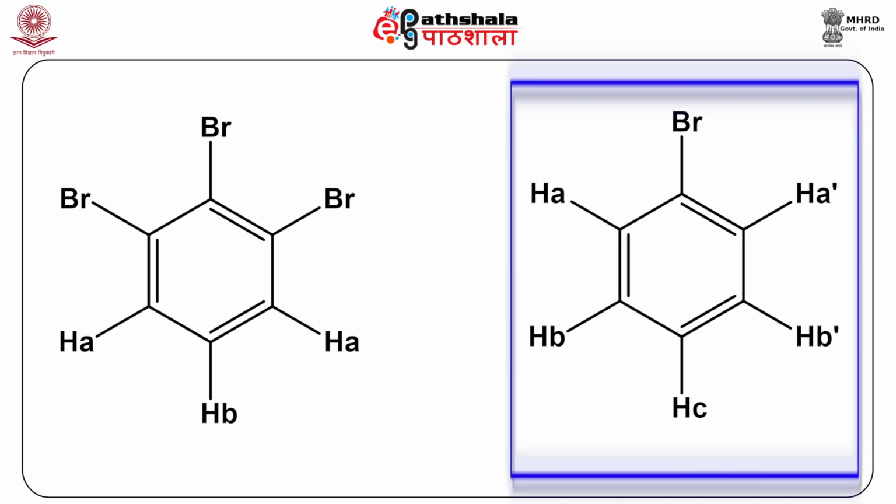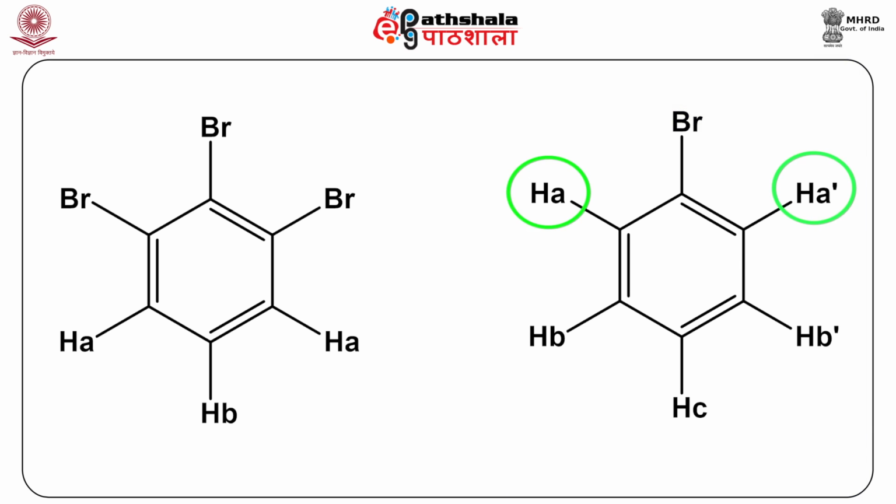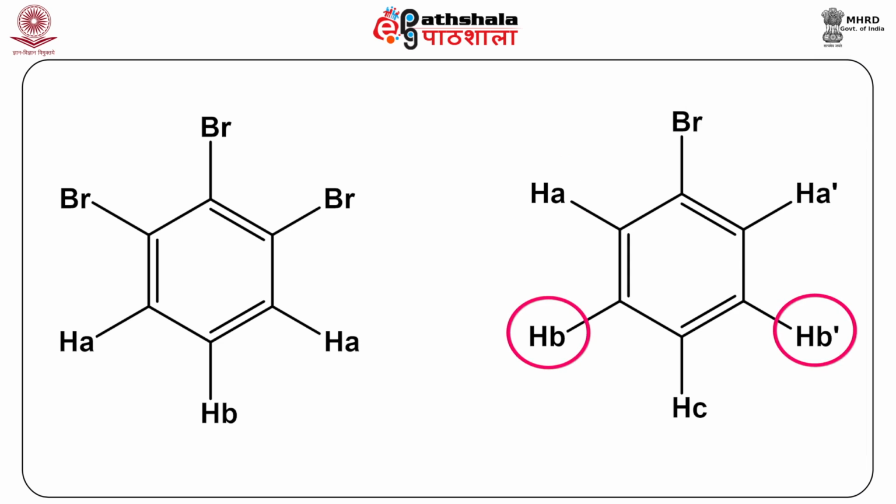However, if you look at the second structure, in which you can see just bromobenzene, protons HA and HA' as well as HB and HB' are chemically equivalent. That means they have a plane of symmetry.